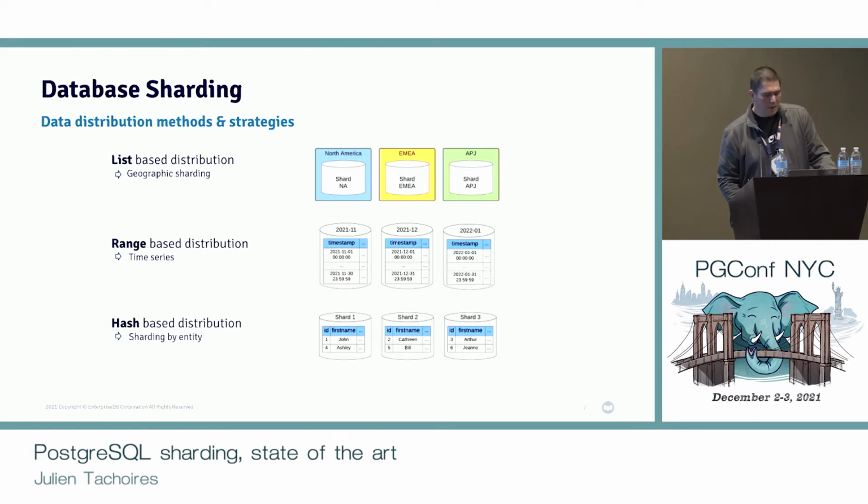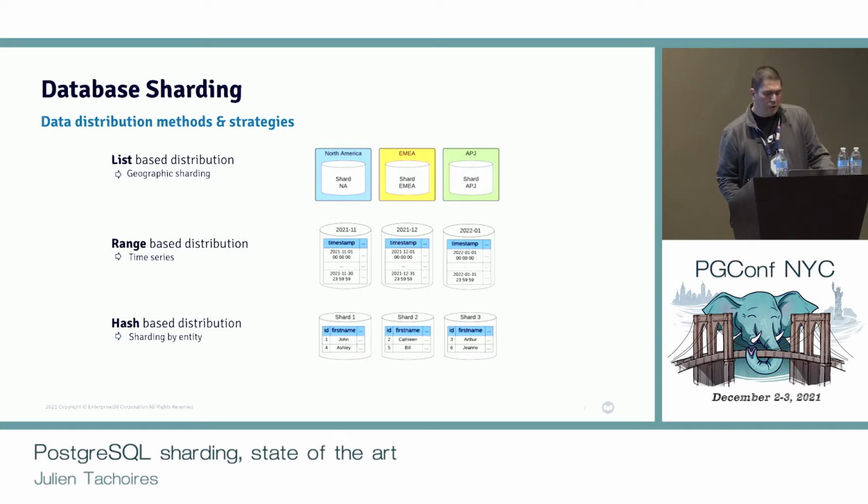In geographic sharding, the objective is to keep user data as close as possible to their geographical location. Range-based distribution involves dividing data into continuous ranges determined by the shard key value. This method is particularly useful to group time series data by a period of time.